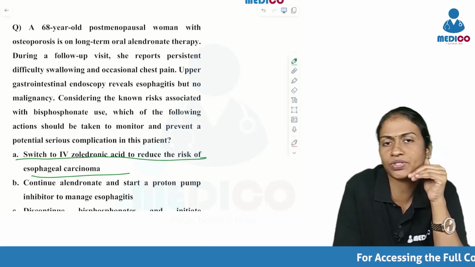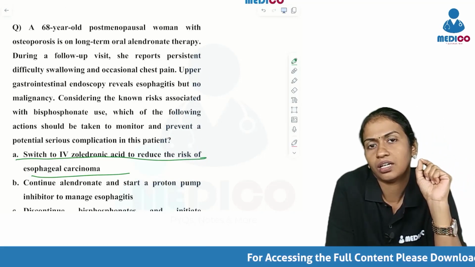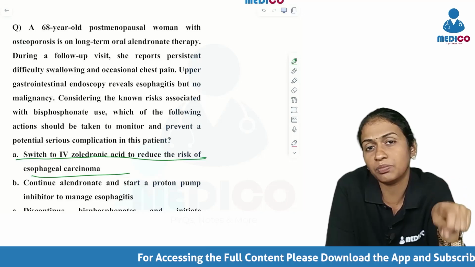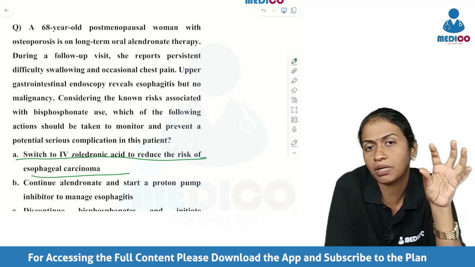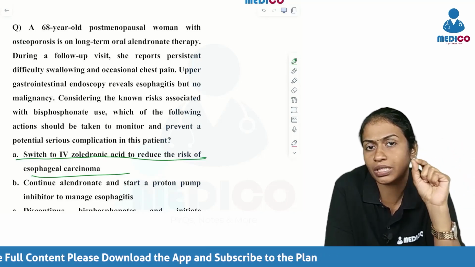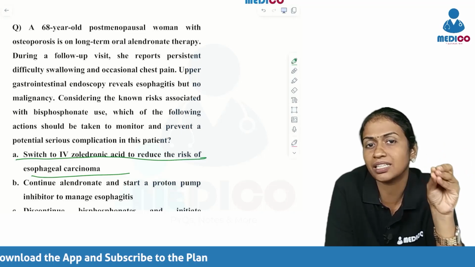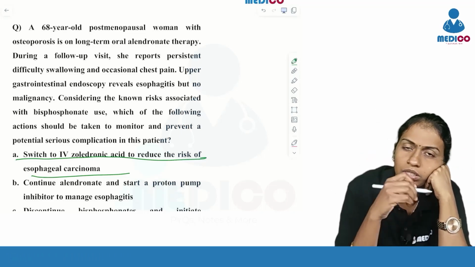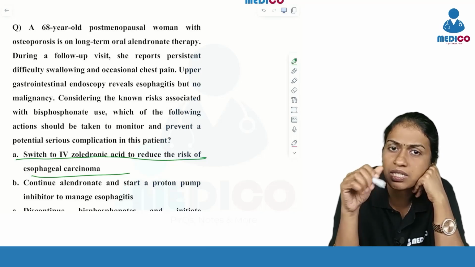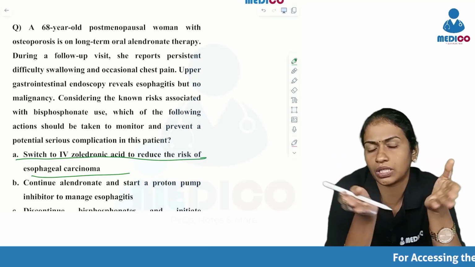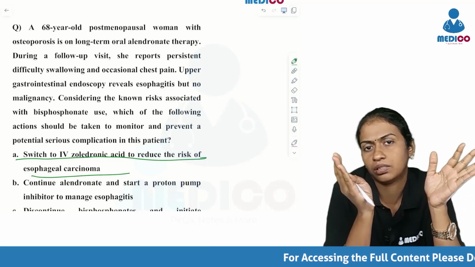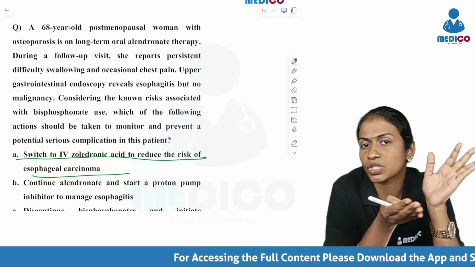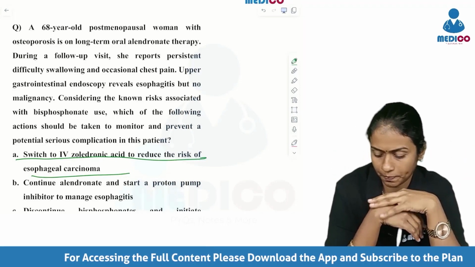So, how do bisphosphonates act? They inhibit the bone resorption by inhibiting the osteoclast activity, by increasing the apoptosis of osteoclasts, as well as the prenylation of the osteoclast being inhibited when it is a bisphosphonate treated osteoclast.